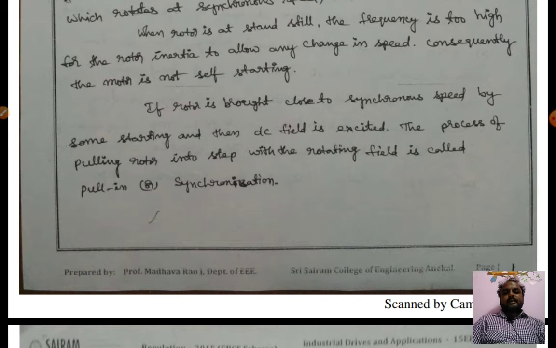Pull in means the rotor is brought closer to synchronous speed; simply, the rotor rotation is equal to synchronous speed. We bring the rotor to synchronous speed by some starting method and DC field excitation. By using DC excitation, we keep the rotor speed equal to synchronous speed.